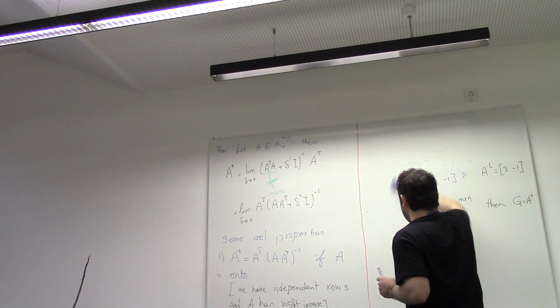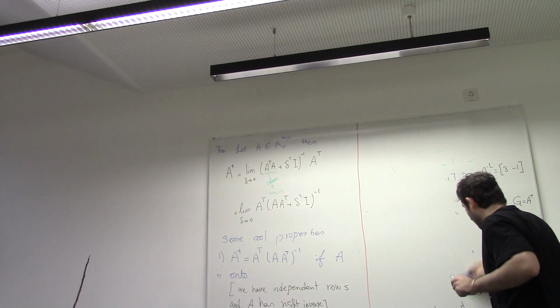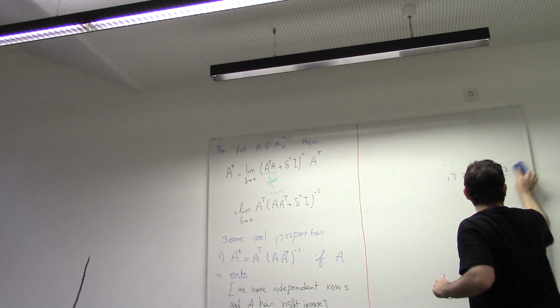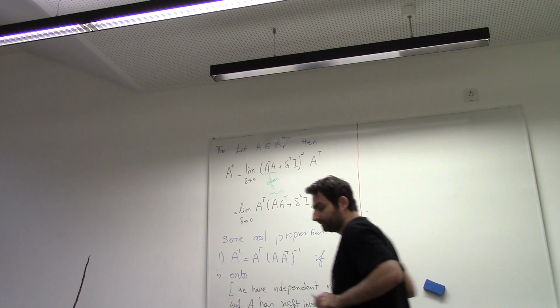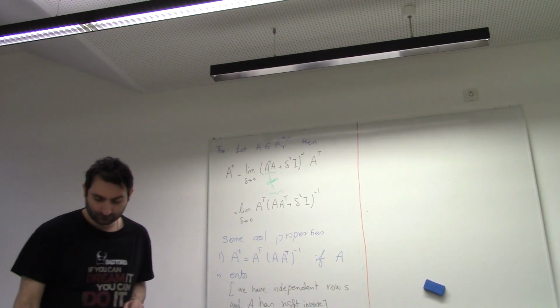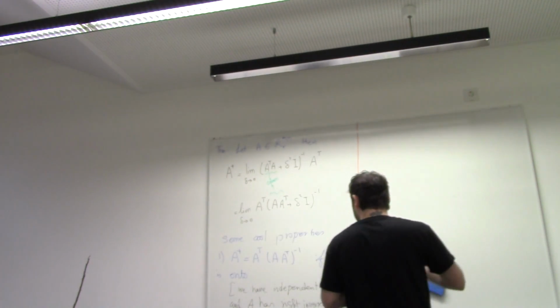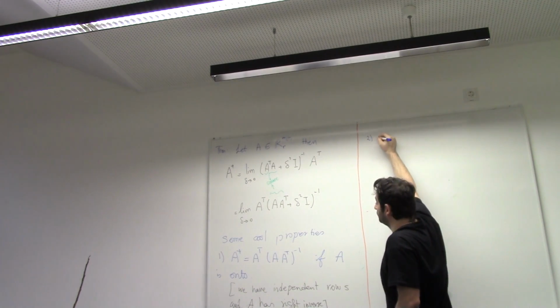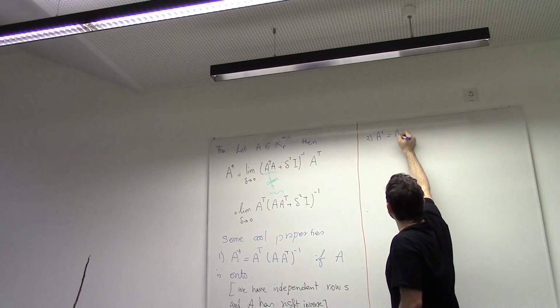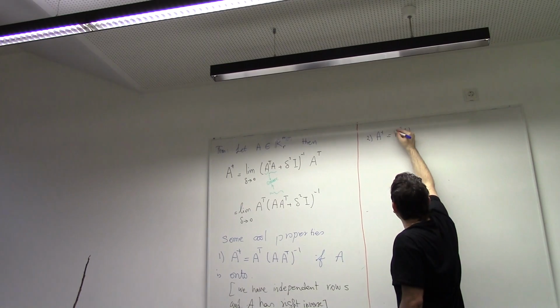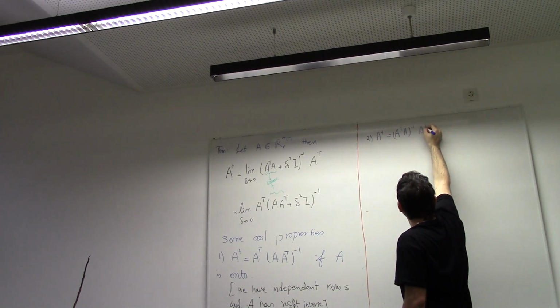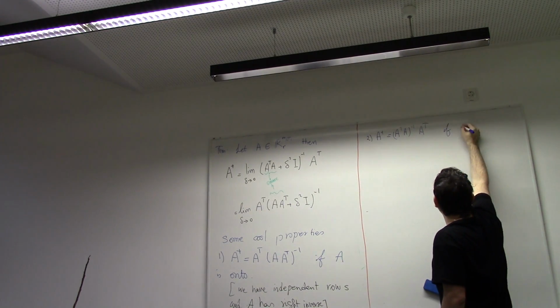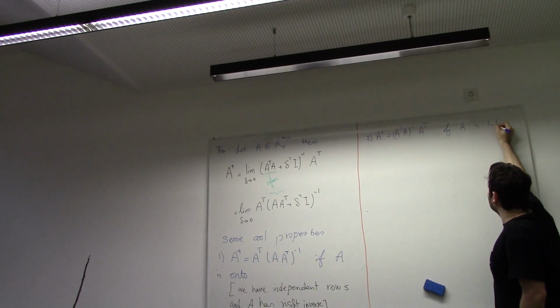So let's see the second one, which we might be able to guess. A plus is A transpose A inverse A transpose, if A is 1 to 1.